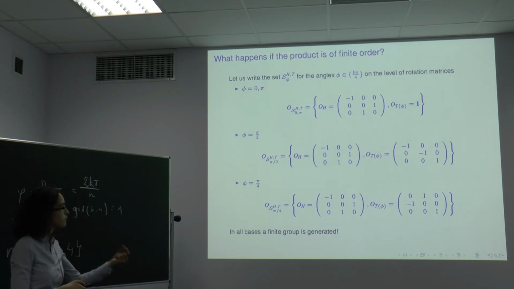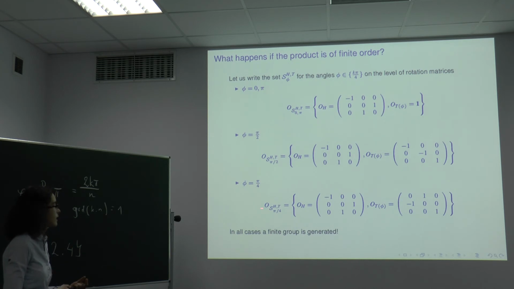So this set is also not universal. And the final case is the case when phi is pi over 4. We have exactly the same. So in these cases, we can say that the group generated by our set S is the so-called permutation group. And this group is, of course, finite.